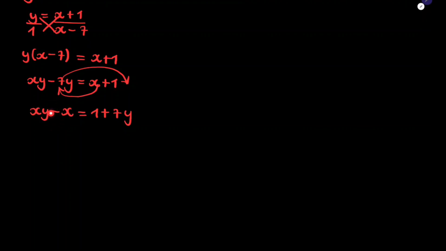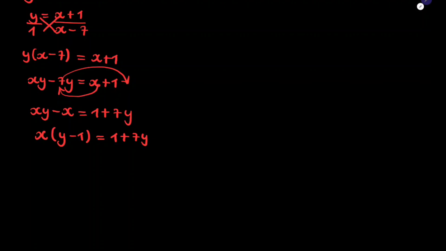We are seeing 2x, and we are also seeing y. So let's solve that. From here we can simply factor out x, so we will be left with y minus 1 equal to 1 plus 7y.